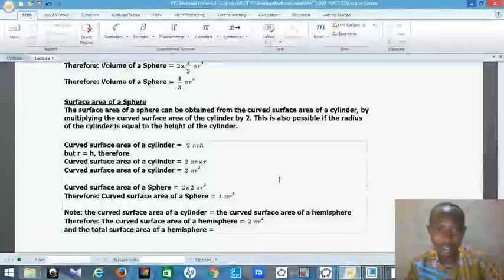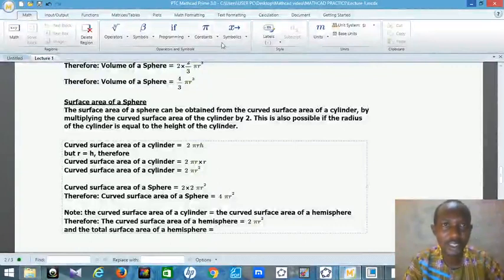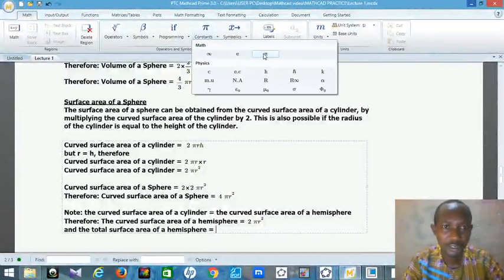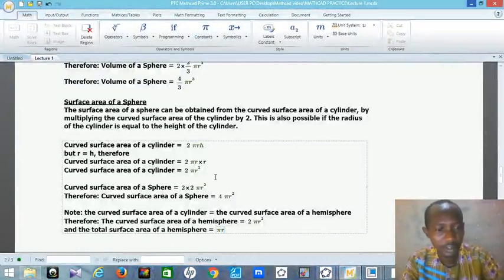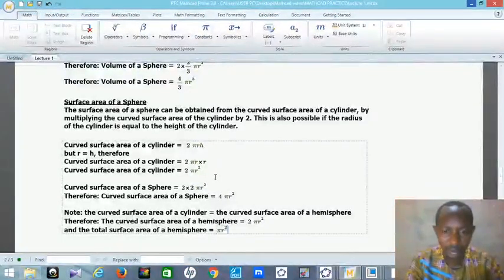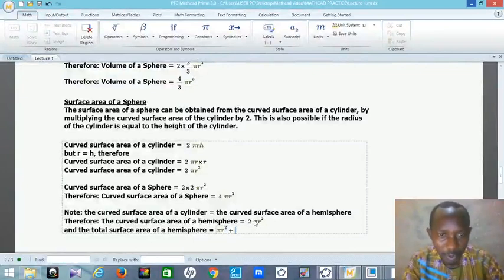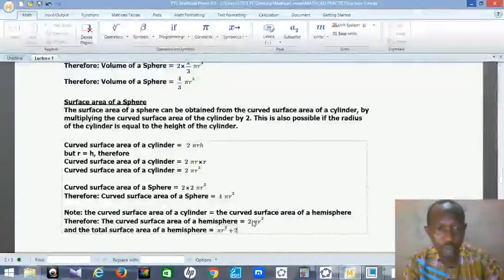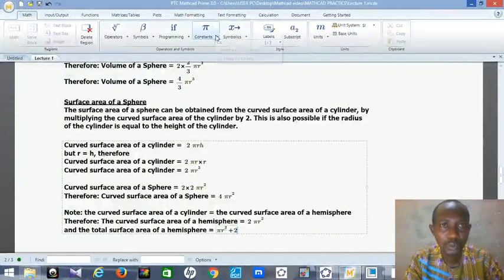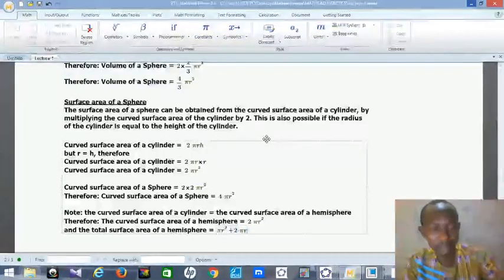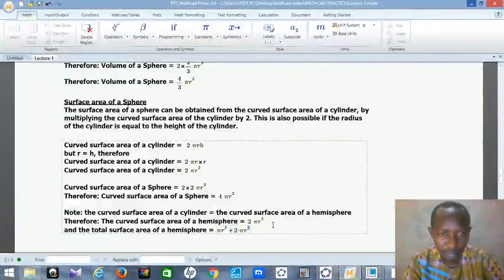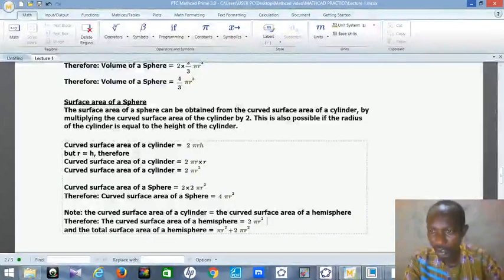Take note of that. The circular base is just the normal area of a circle, which is pi r squared. You add it to this curved surface, which is 2 pi r squared. So this is the total surface area of a hemisphere.